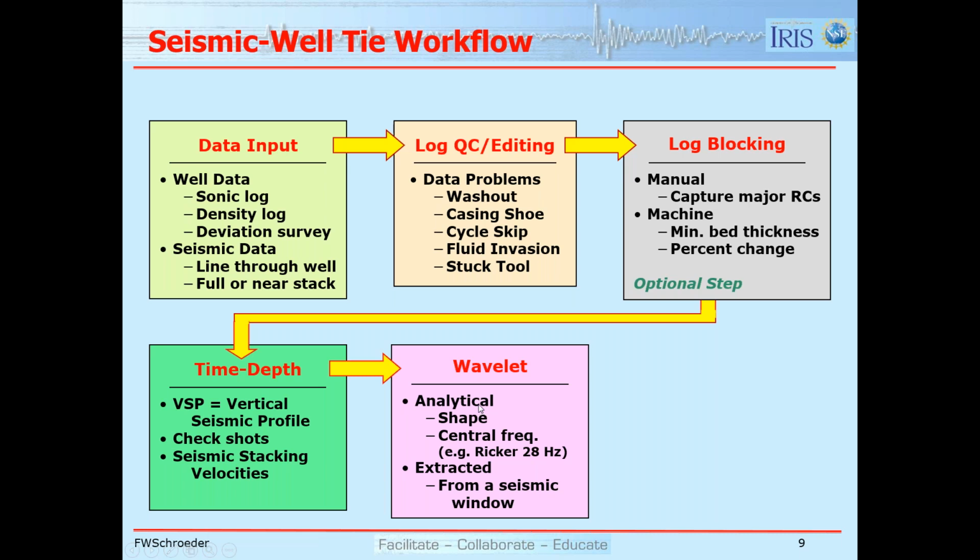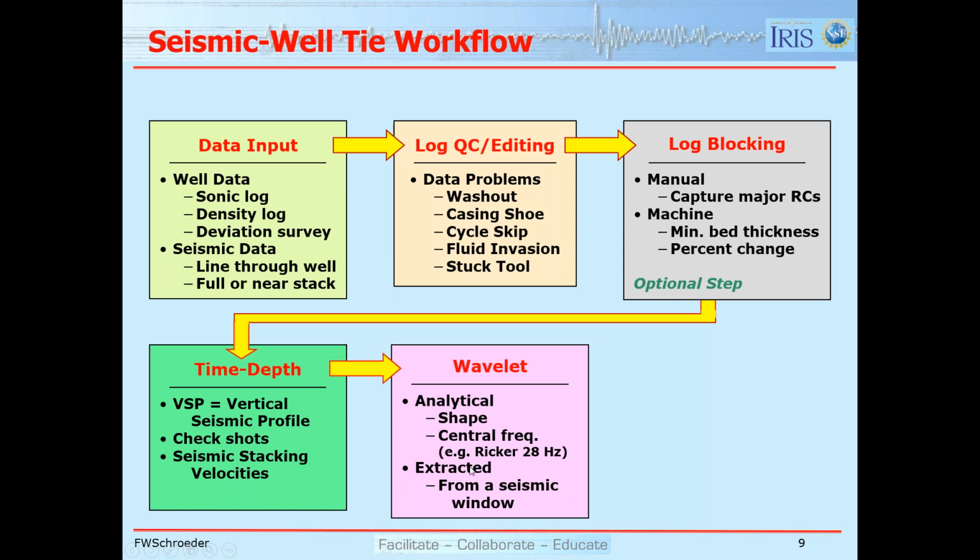The other option, instead of using an analytically defined shape, is to use statistics from the seismic. We can define a window around our zone of interest or our depth of interest, and then have the computer extract, using statistics, what the wavelet shape probably looks like.